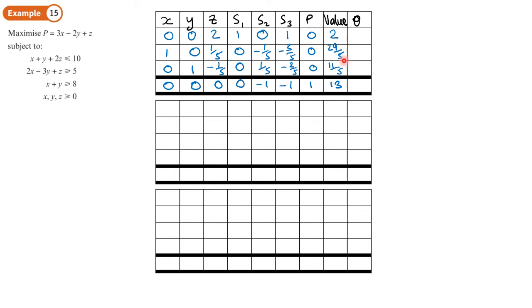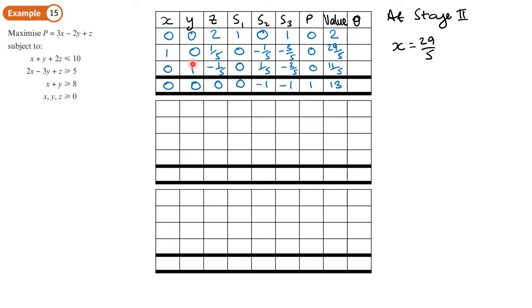So now this looks pretty much like any type of previous question we may have attempted. So we're just going to write down what our values are just before we start stage 2. What do we have? We can read off those values. There's a 1 in this column, X is 29 over 5.